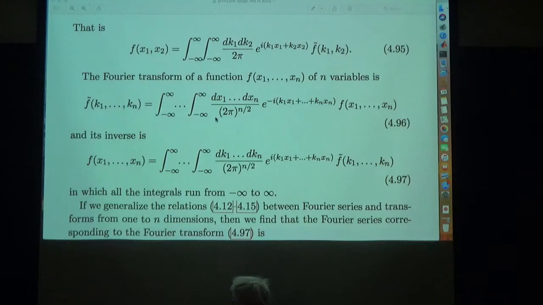If you are doing it in n variables, then this is the way it looks. The function looks like this, and the Fourier transform looks like that. And if you do it symmetrically, you have to divide by (2 pi) to the n over 2, one root 2 pi for each variable.